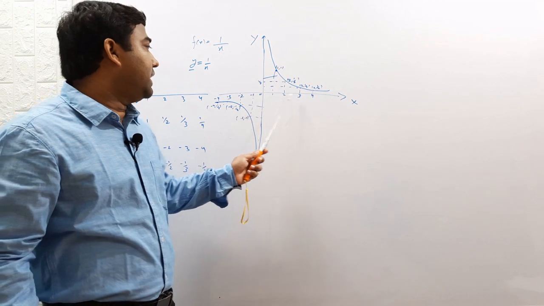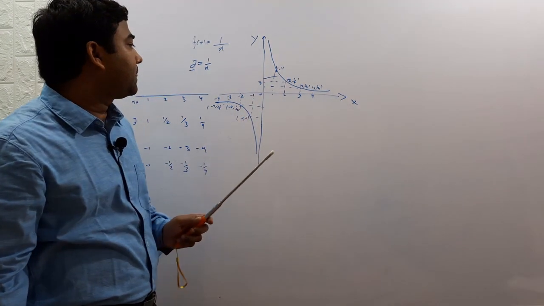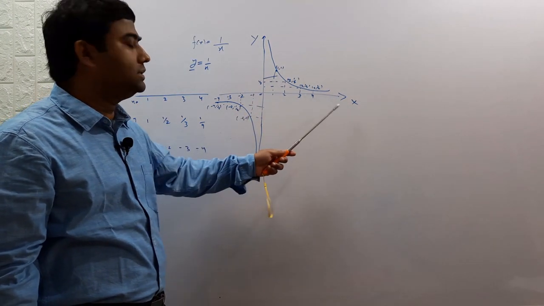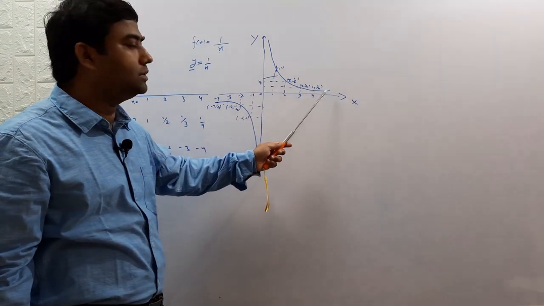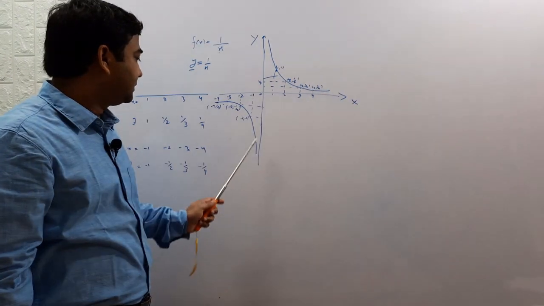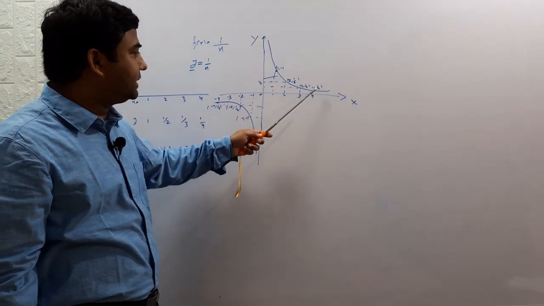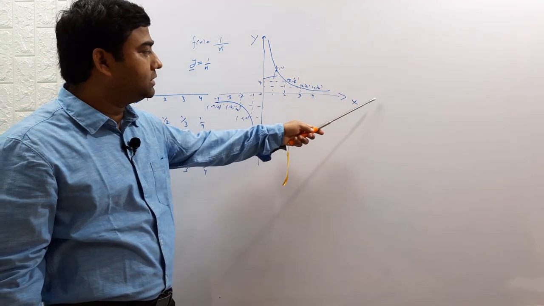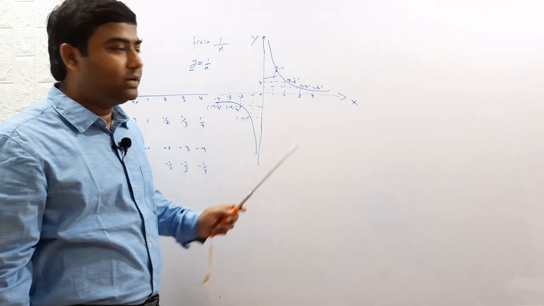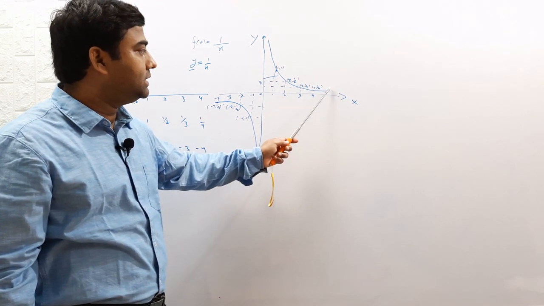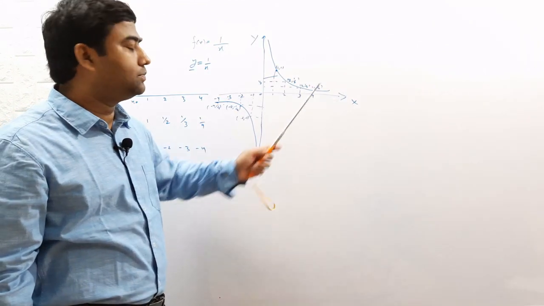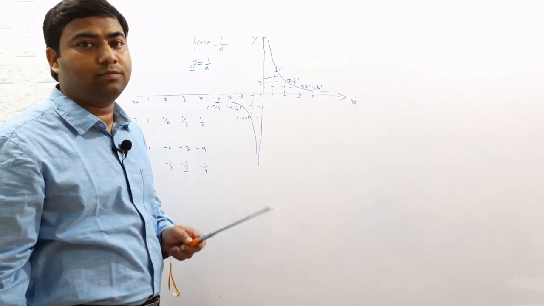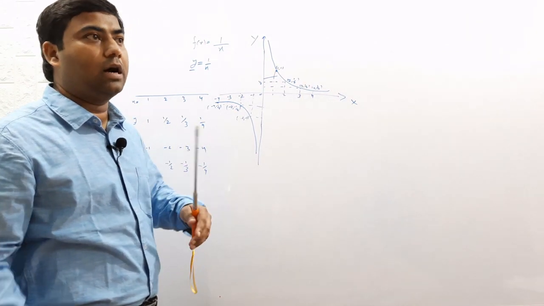So the x and y axes are those lines which are never touched by these curves. This curve only tends to touch these axes, but for any finite value of x it never touches the x-axis.